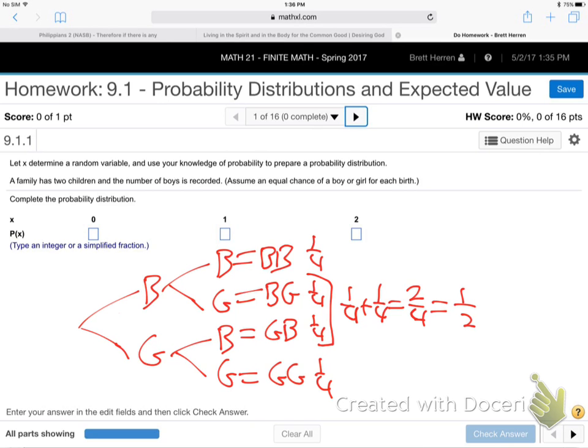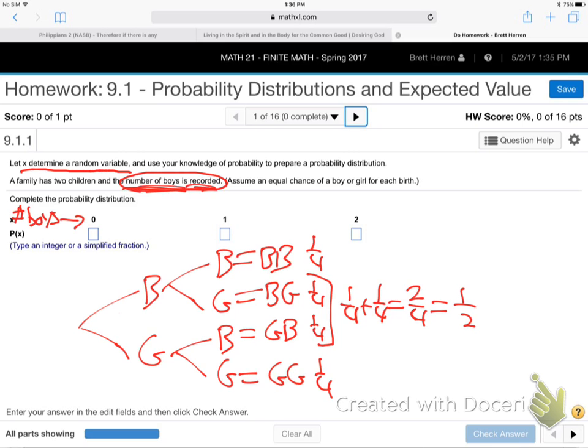All right, so what's their question now? They're saying X is a random variable. And what is X? Family has 2 children. Oh, number of boys. There it is. So when they talk about X, they're talking about number of boys. I'm getting that from the words right here.